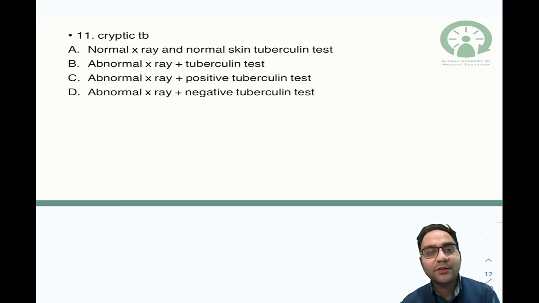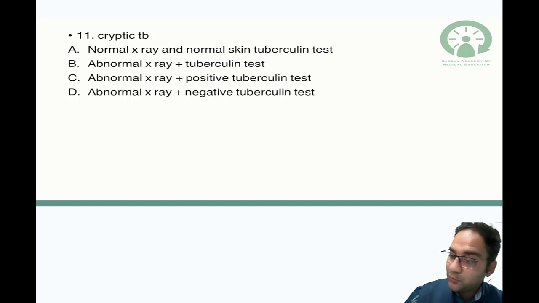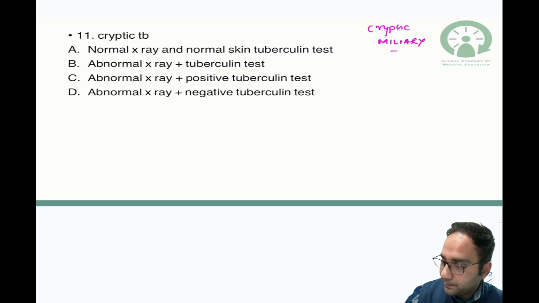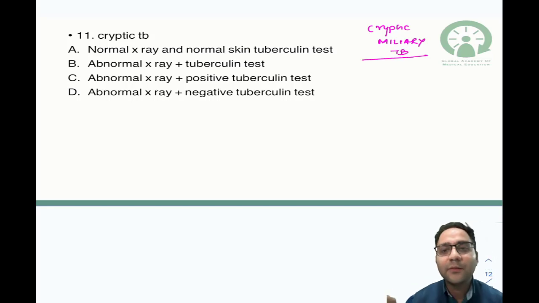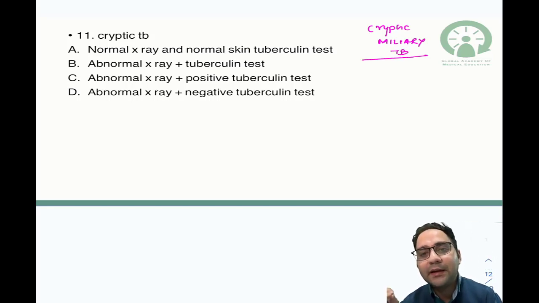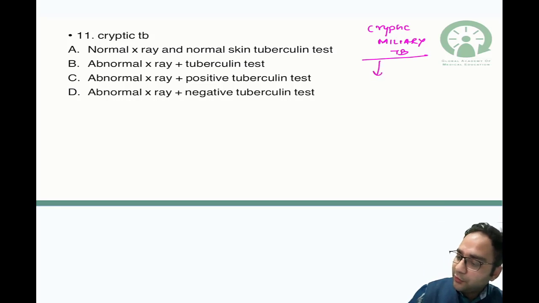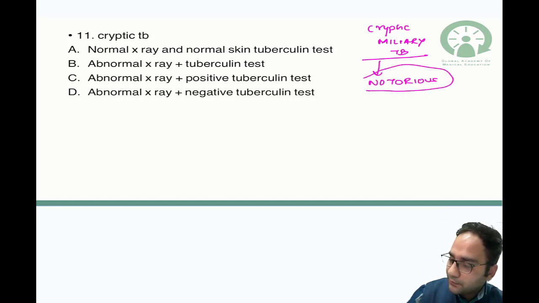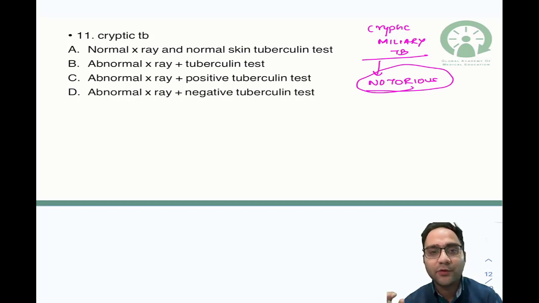Next question was asked about cryptic TB. So what actually is cryptic TB? We know there is a term known as cryptic miliary TB. Now this is very notorious because it cannot be diagnosed easily.